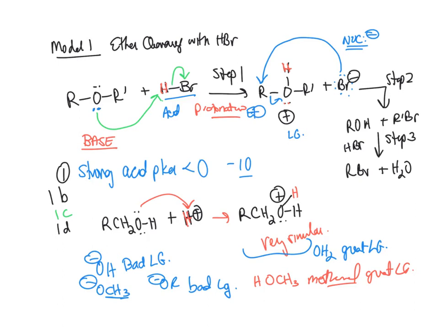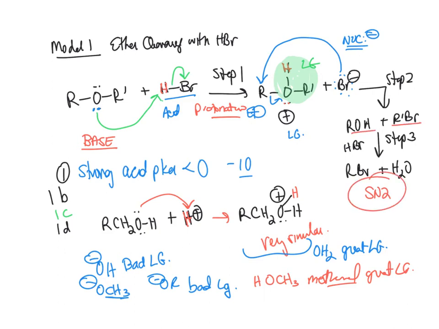Draw curved arrows to show the electron movement. And we just did that. Circle the leaving group from the reagents. Okay, so you want to circle this leaving group. There's your leaving group. Assuming that the R prime group is primary, by what mechanism does the reaction occur? SN2.